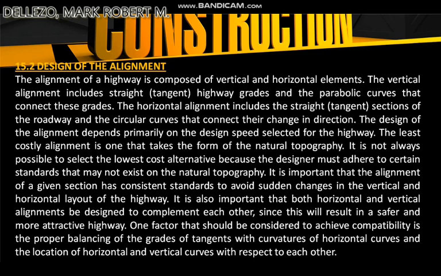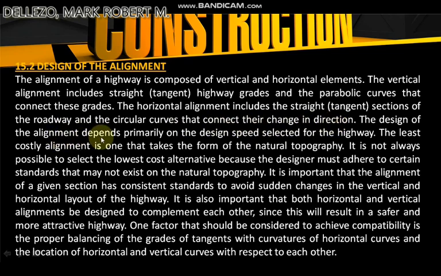The vertical elements include straight tangent highway grades and parabolic curves that connect these grades. The horizontal alignment includes straight tangent sections of roadway and the circular curves that connect their changes in direction.